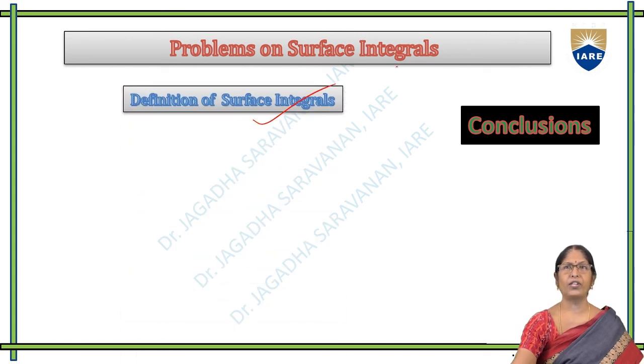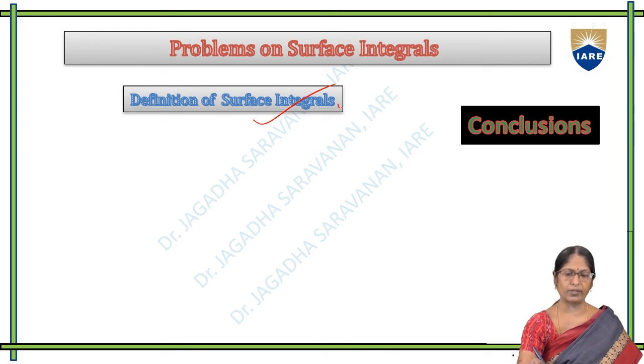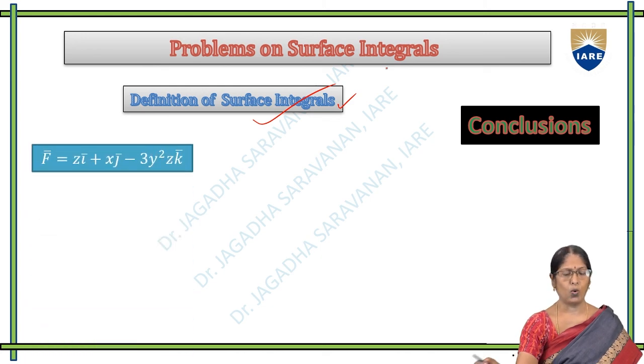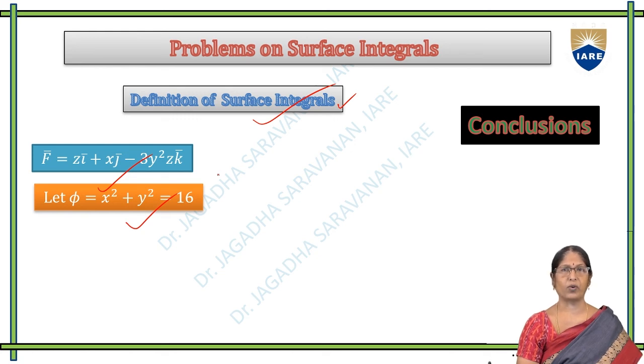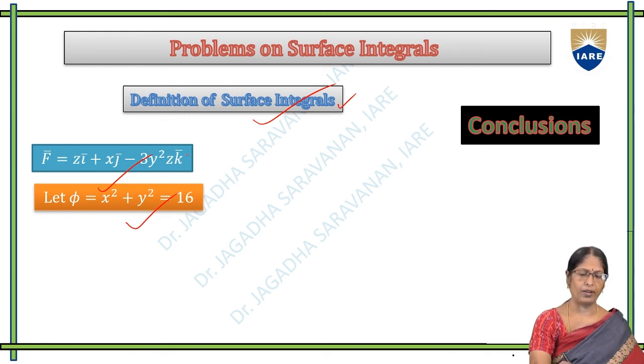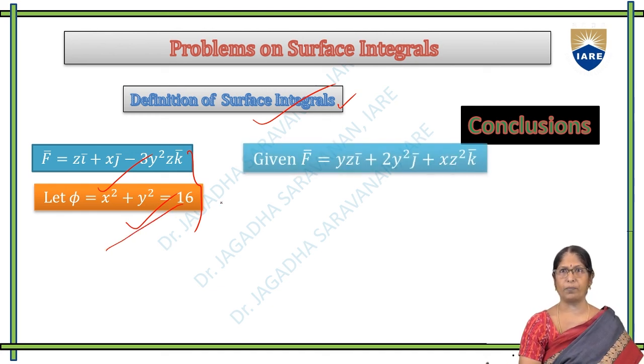The surface integral is a double integral used to evaluate over the surface, and the formula is the integral over S of F dot n dS. We took a vector function z i plus x j minus 3y squared z k, with the condition x squared plus y squared equal to 16, and we evaluated the surface integral taking the yz plane.